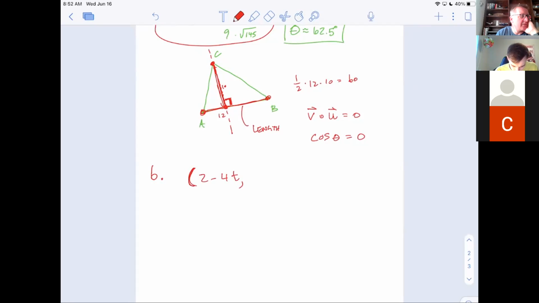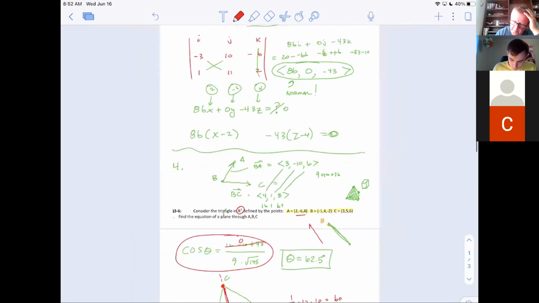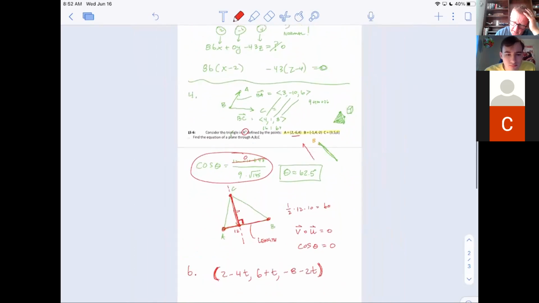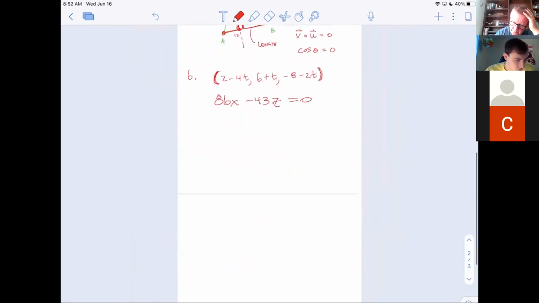You take 2 minus 4t, that's your x coordinate. 6 plus 1t, that's your y coordinate. And then it's -8 minus 2t. So the question is, when does that run into the plane that we got a little while ago? 86x plus no y minus 43z equals 0.